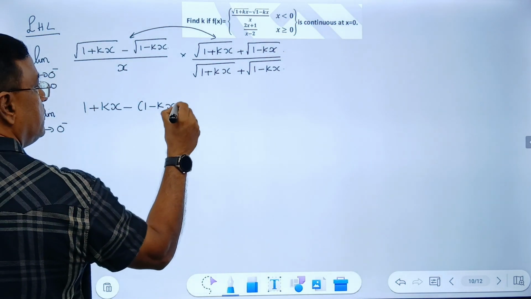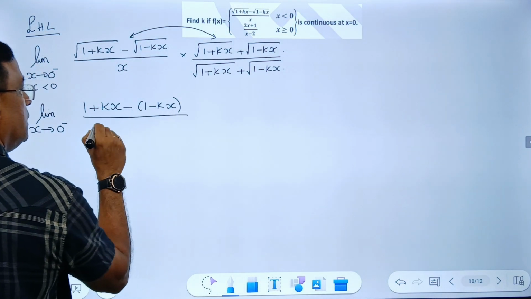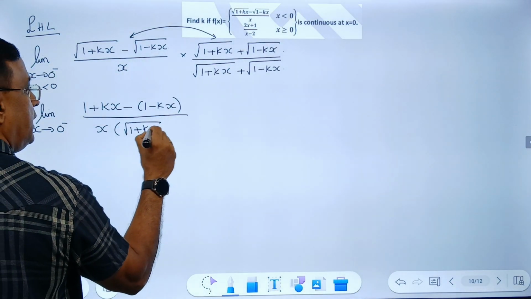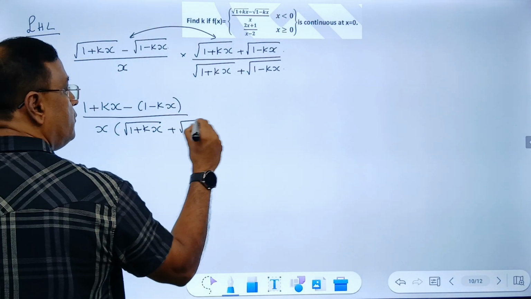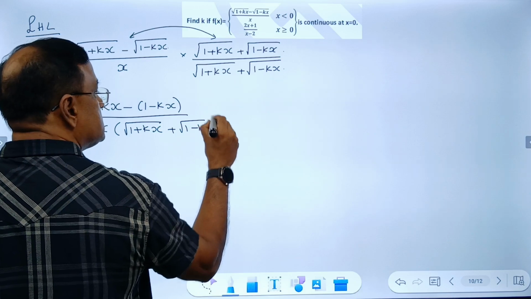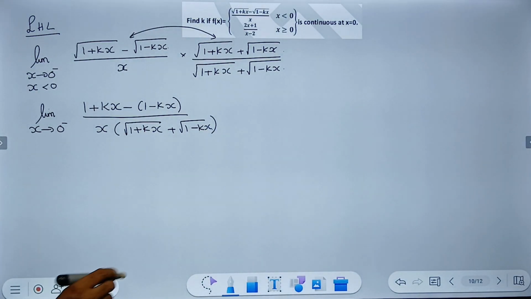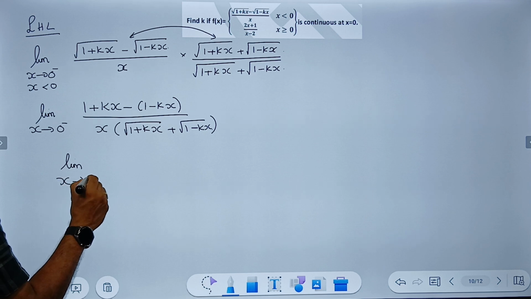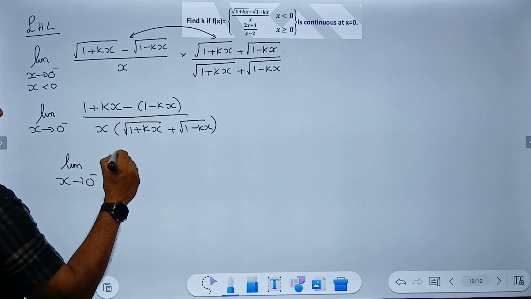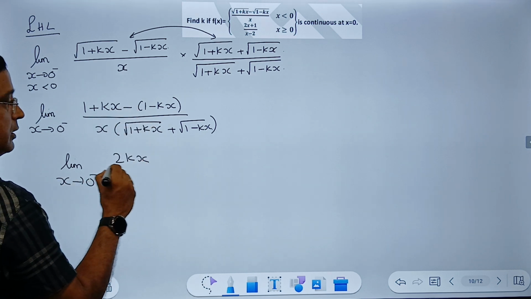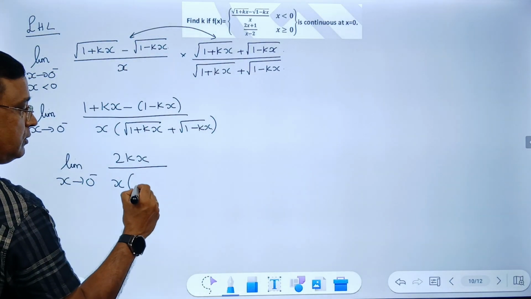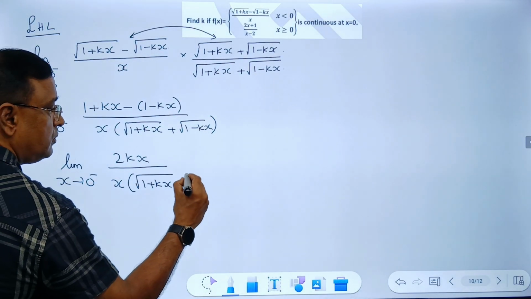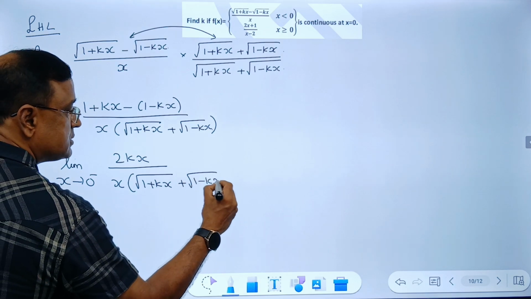So a square minus b square by x into root of 1 plus kx plus root of 1 minus kx. Now if you simplify this, you can see clearly in the numerator 1 will get cancelled and you get 2kx divided by x into root of 1 plus kx plus root of 1 minus kx.